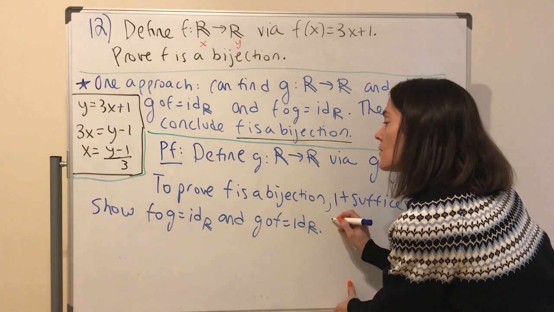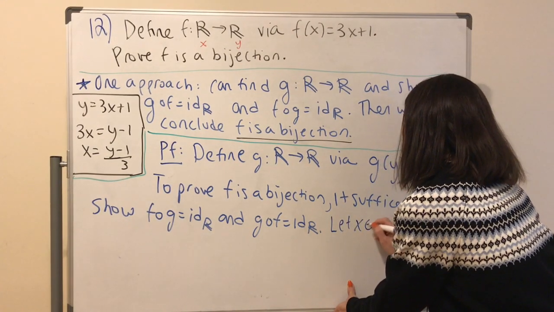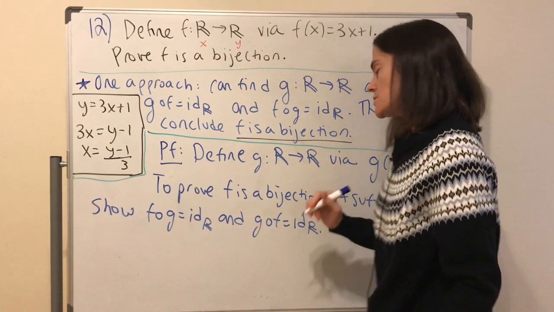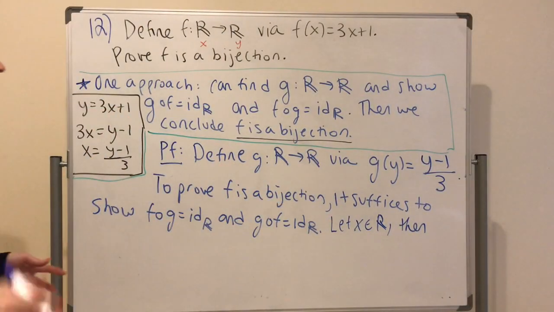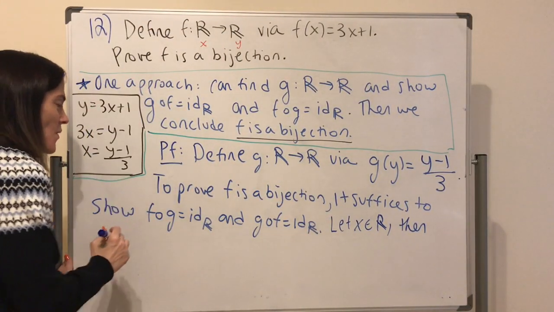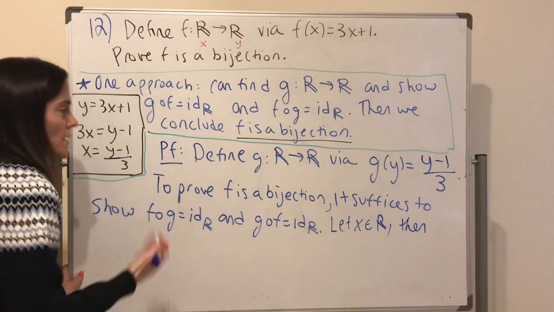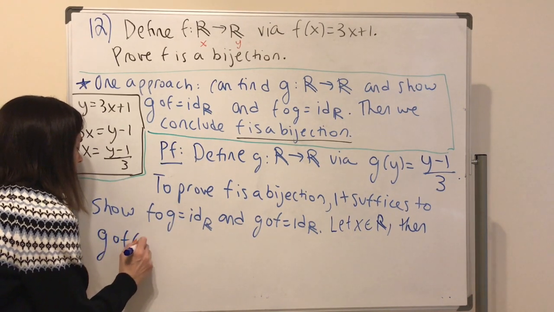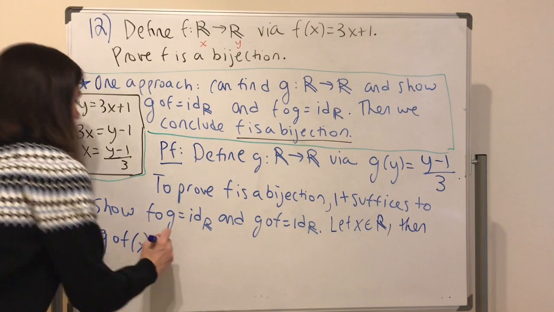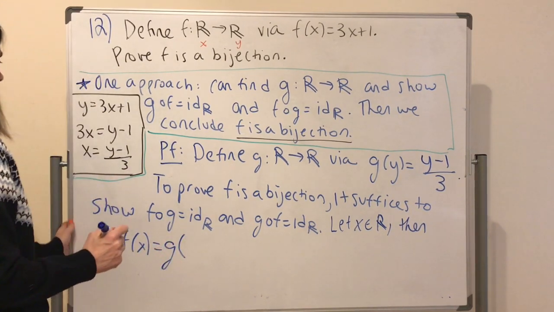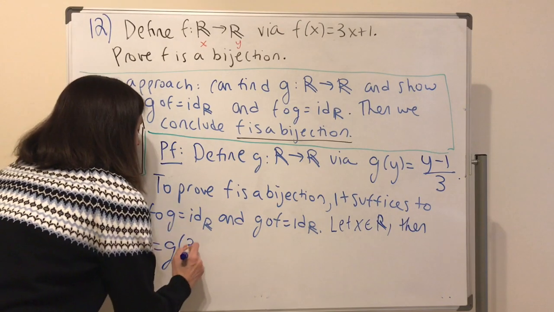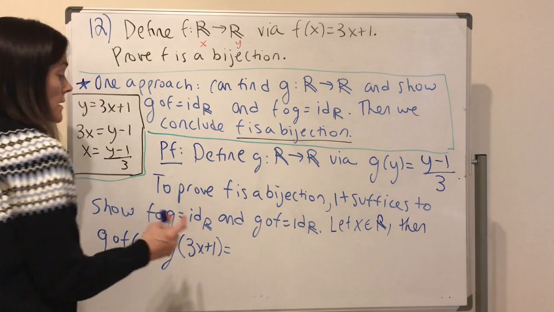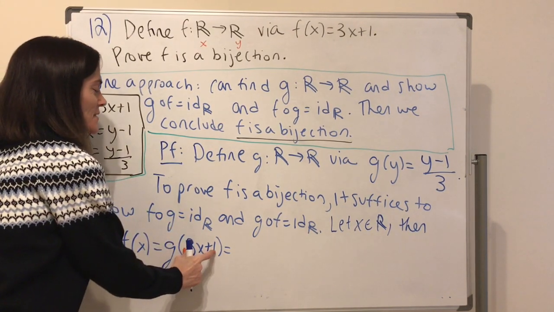So we let x in R, okay, then, and so I'm going to do this one because I'm feeding x's into F, I'm feeding y's into G, although, like I said, the letter choice was just a personal choice I made, but I have G compose F of x equals, well, it's G of, and now I put in F of x, 3x plus 1, and now G, well, we stick this entire thing in for y.